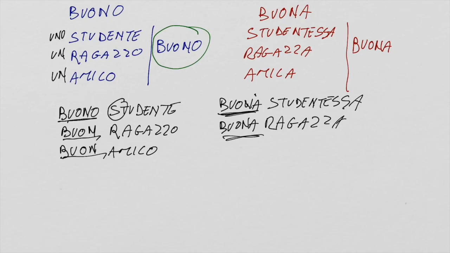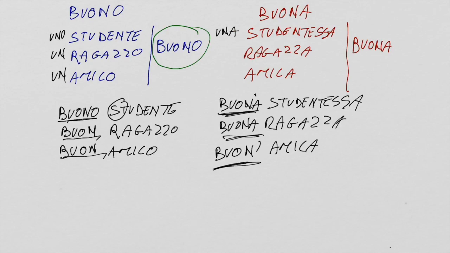And you use buon with an apostrophe in front of amica and in front of all feminine nouns starting with a vowel. So as you can see, even buona works like the indefinite article.